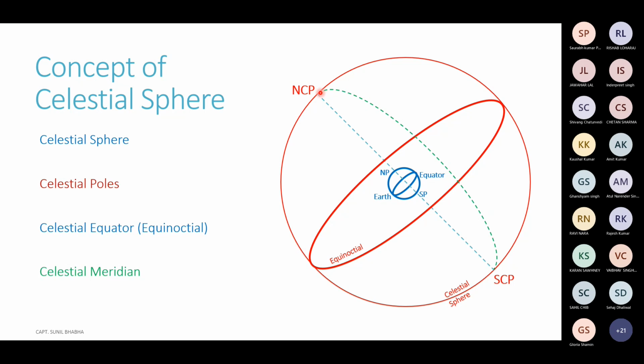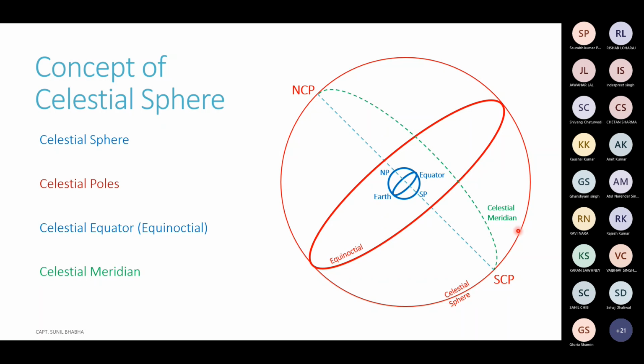So you can see a green color dotted line on the screen now, highlighted by the laser pointer. So this dotted green line is a great circle which is passing through both the north and south celestial poles. Now this is what we call a celestial meridian.